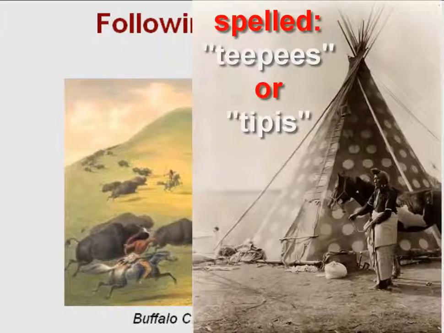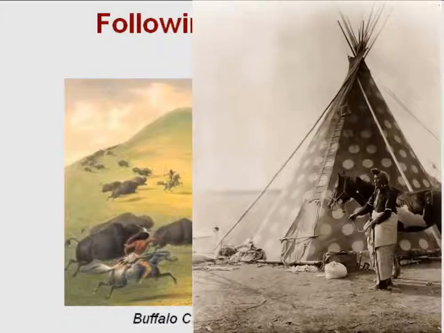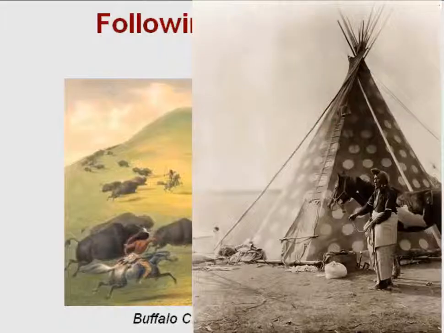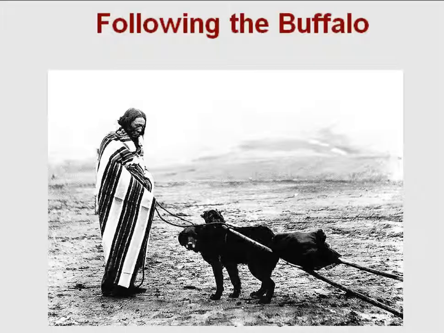Teepees are tents that are made by stretching buffalo skins over long poles, and you may have seen one or two in previous lessons. And teepees were great because they could be easily packed up and carried on a travois, and a travois is a sled that was pulled by either a dog or a horse.